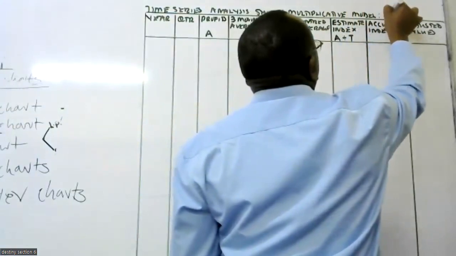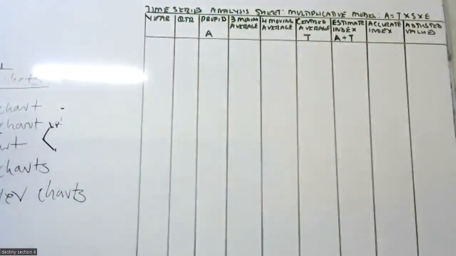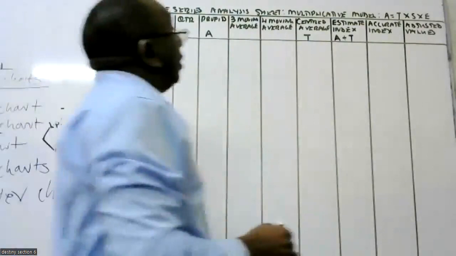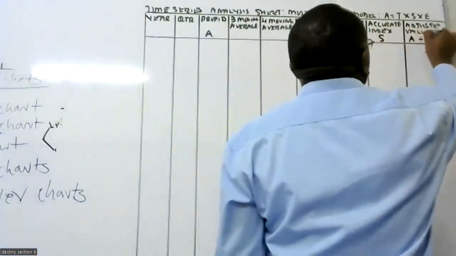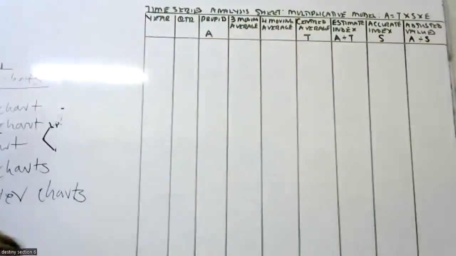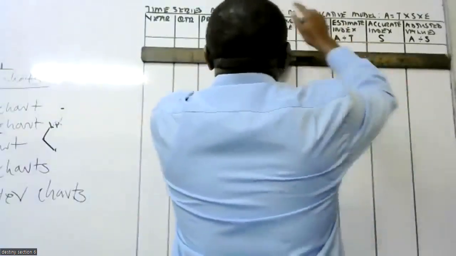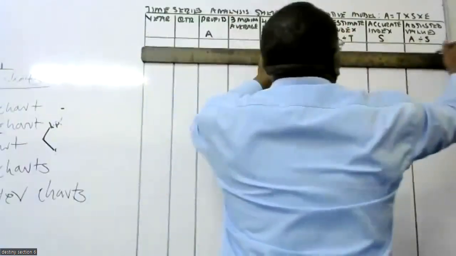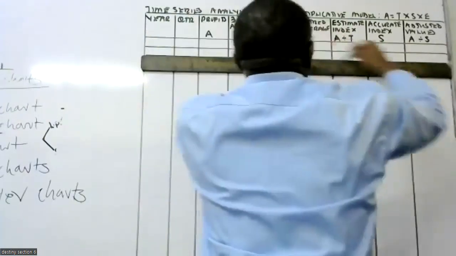And remember, in the multiplicative model we say A equals T times S times E. So this is S, and then it will be A divided by S. I will have to write here, provide lines.